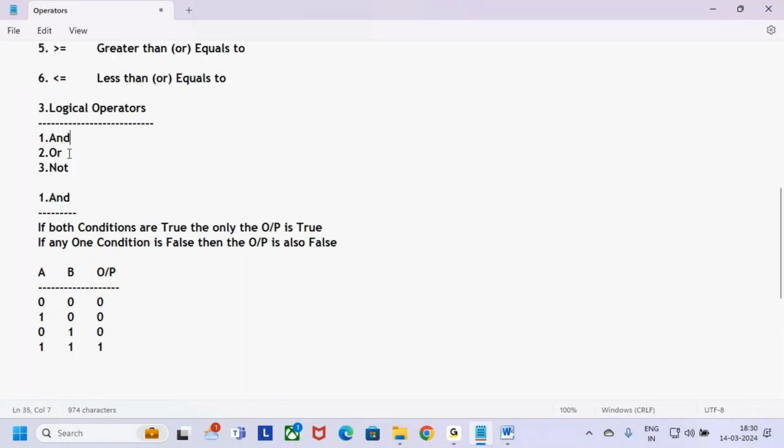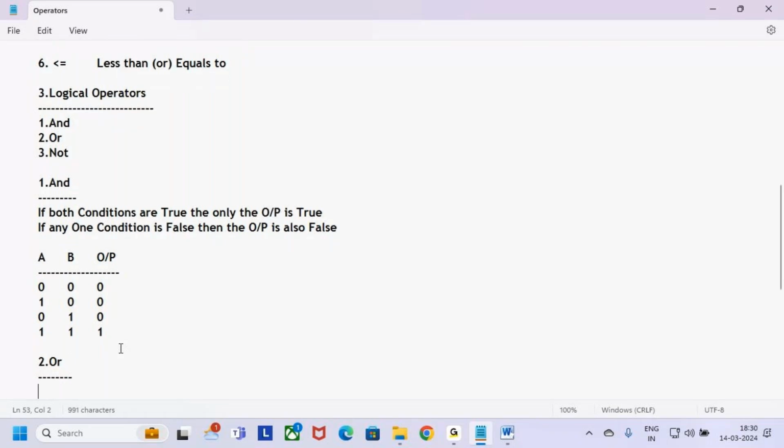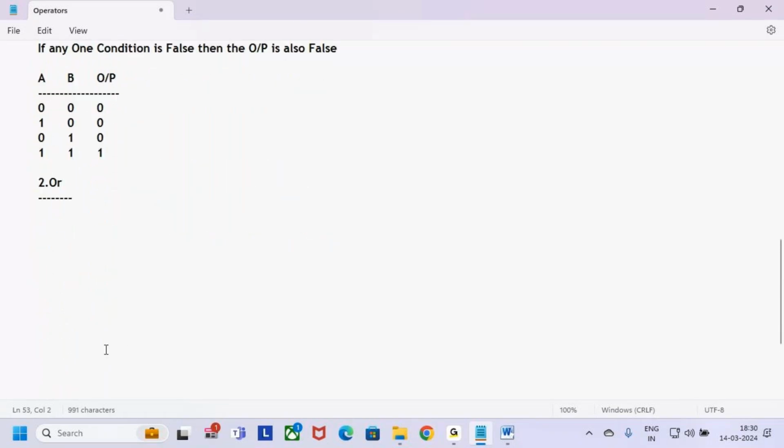And next one is OR. Now what's the functionality of this OR logical operator? In the OR logical operator, when the output is true means, if any one of the conditions is true, then the output is also true.